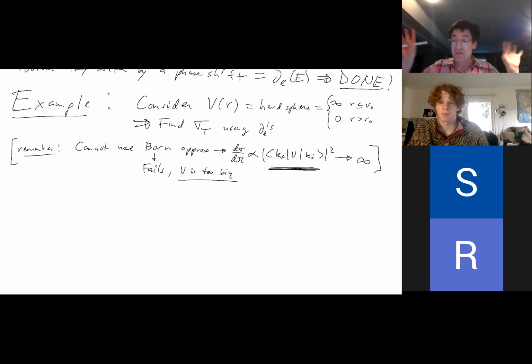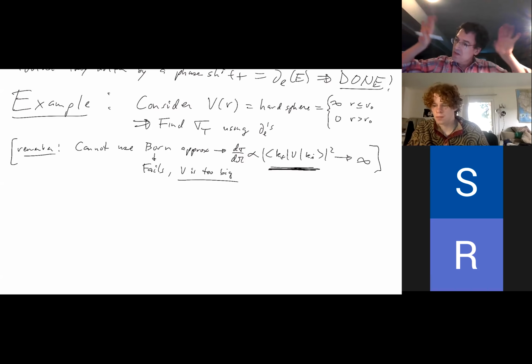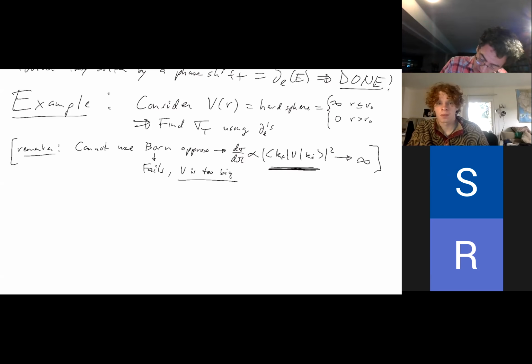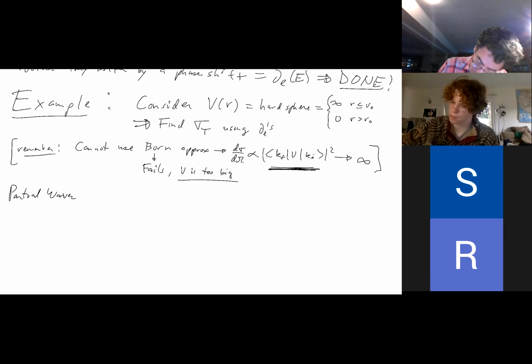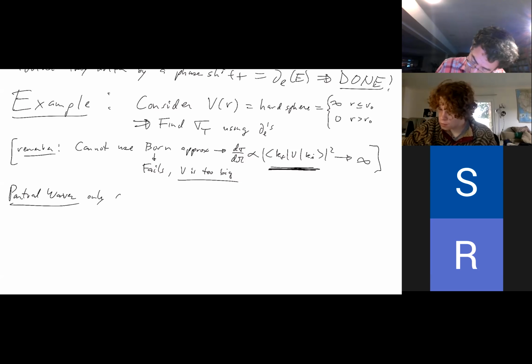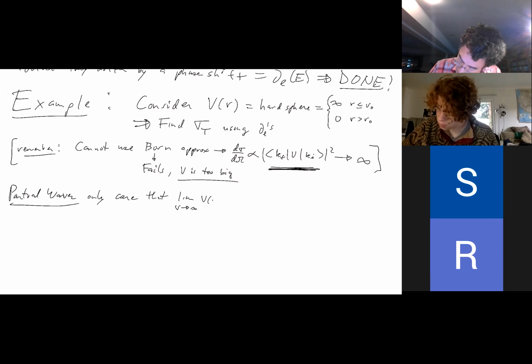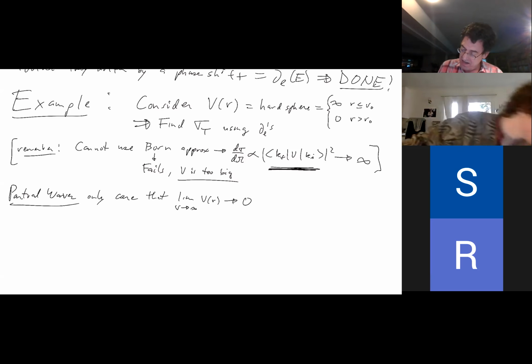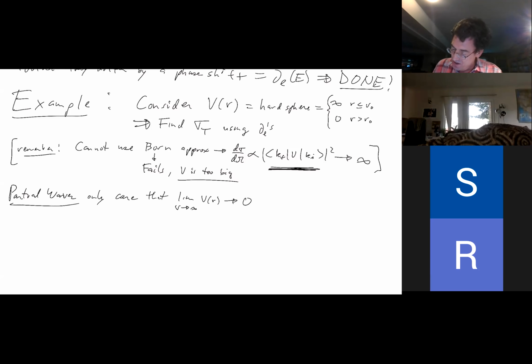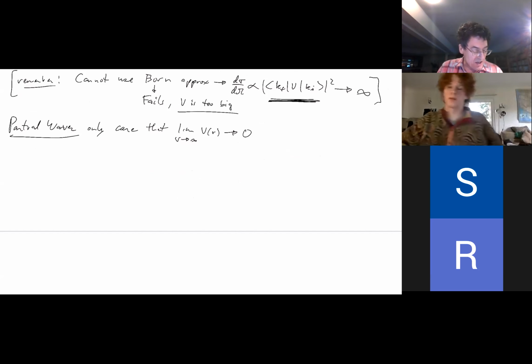So for partial waves, they only care that the limit as r goes to infinity of V of r goes to 0. Okay, the potential has to go to 0, and there's actually a certain rate that it has to go to 0 at, but we won't get into those nuances. Okay, so let's solve it.